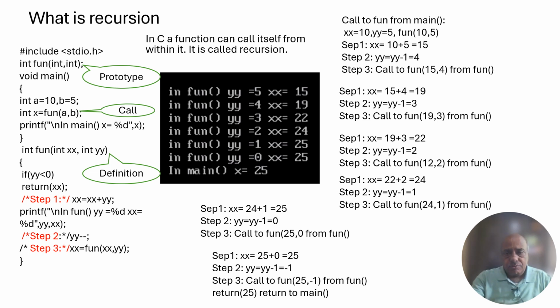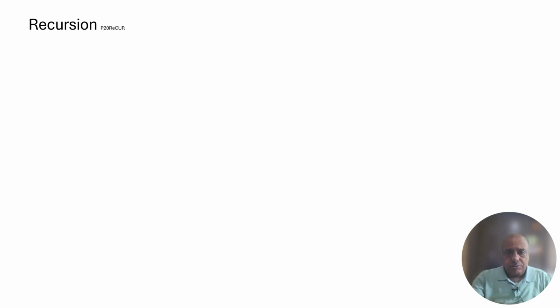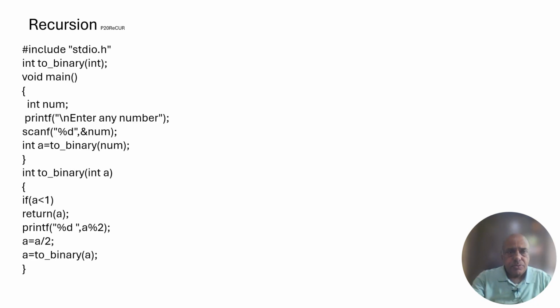Let us see one more program which will clarify things in a better way. Now in this program I declared 2_binary as a function.